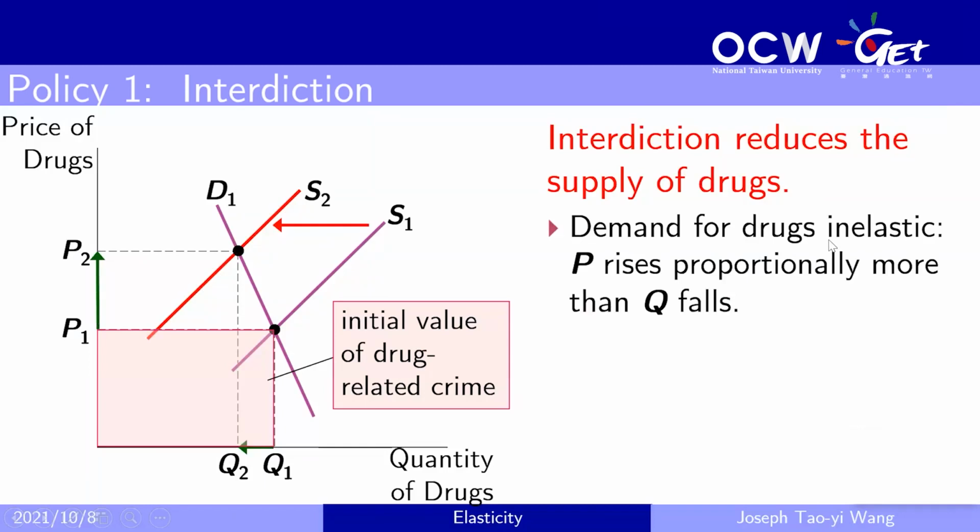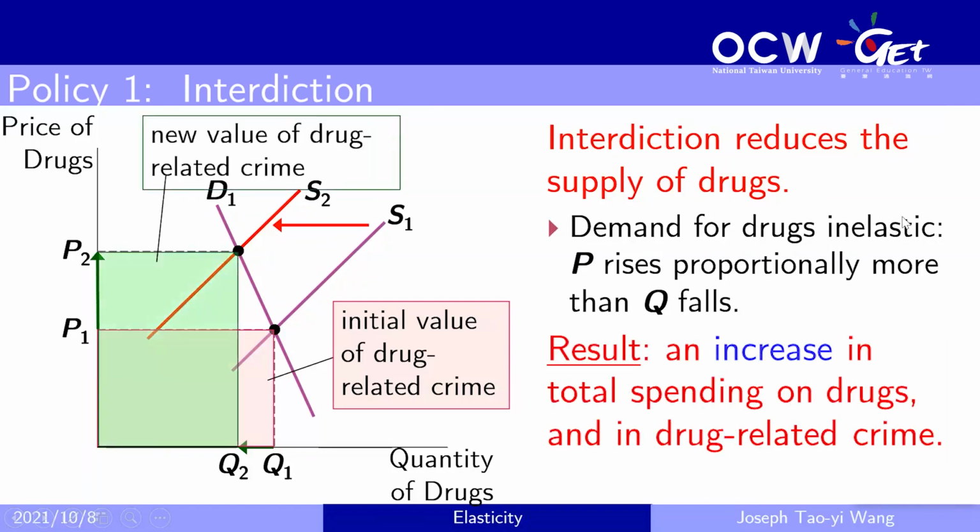And we just learned, it depends on the price elasticity of demand. Well, the problem is that drugs are an addictive good. Demand is inelastic. So the increase in price is going to outweigh the decrease in quantity. Counterintuitively, you actually have a larger value of drug-related crime when you try to crack down on these drug dealers.